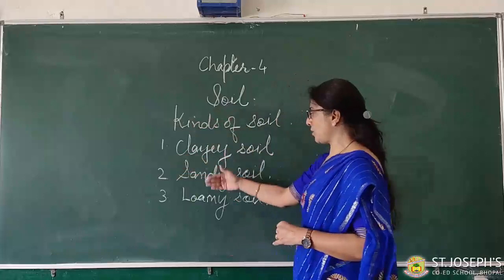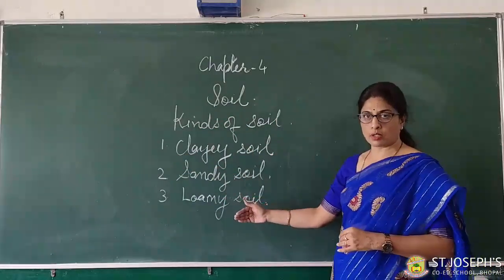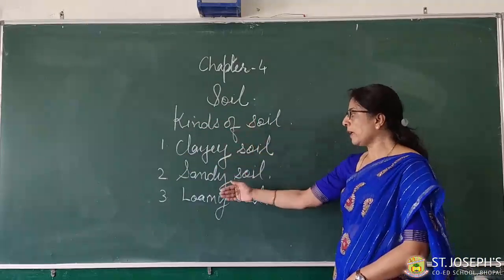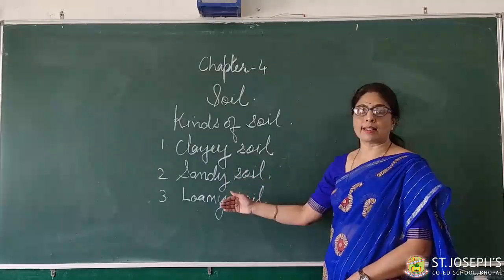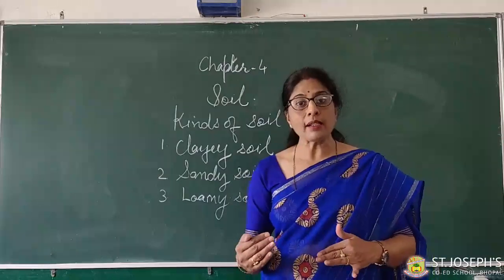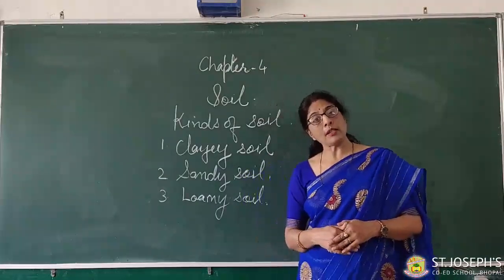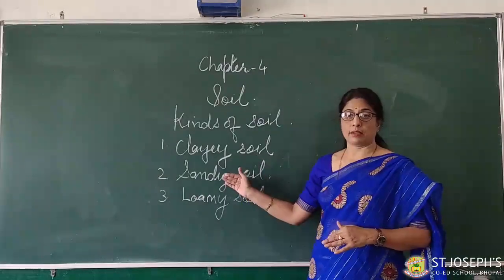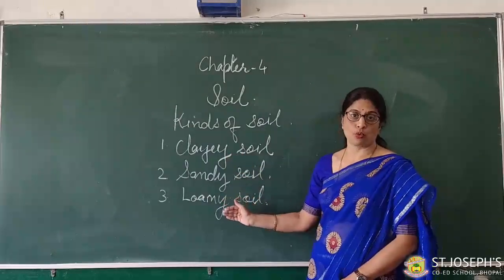So these three kinds of soil are present on the earth depending upon their contents, the sizes of their particles, the shapes of their particles as well as color. They differ in colors too.